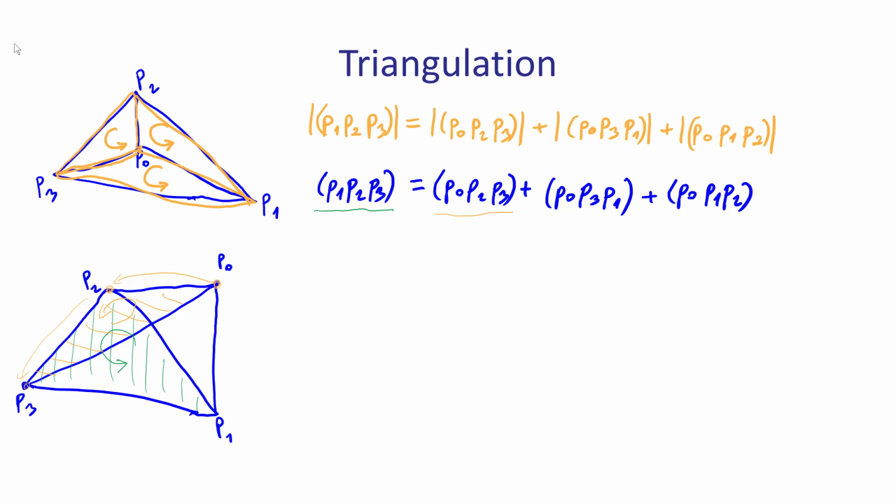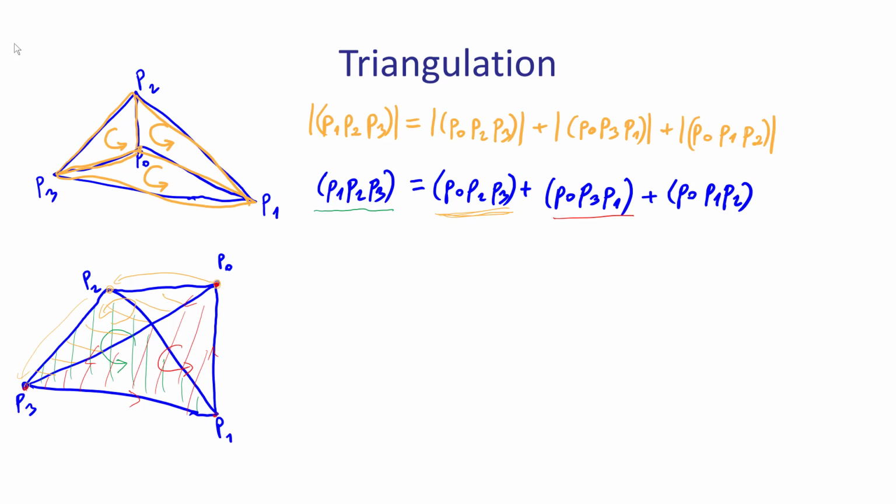So it's still positive, and we're adding to the green area that brown area. Now the third one is P0, P3, P1. So it's P0, P3, and P1, which is that triangle. Now we're still going in the positive direction here, and positive direction here, and positive direction here, which means this is also positive area.